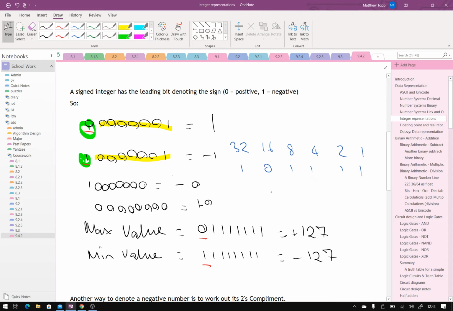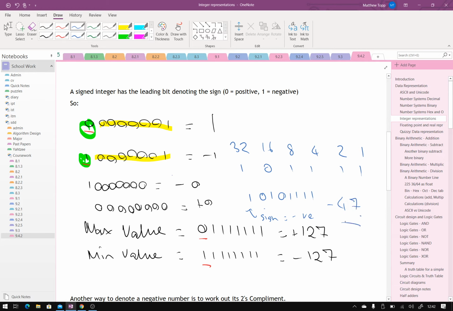So therefore my number will be 1 0 1 1 1 1 1. Now, if I'm doing it in 8-bit, I'll add a leading 0, and I said minus, so therefore what's my sign bit going to be? 1. So once again, there's a sign bit, and that's minus 47.